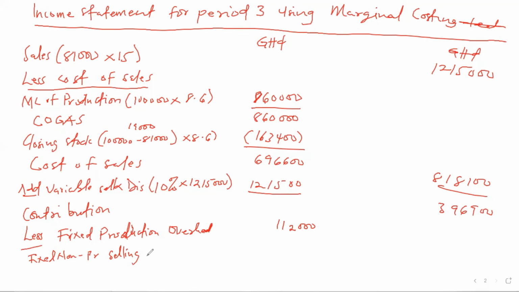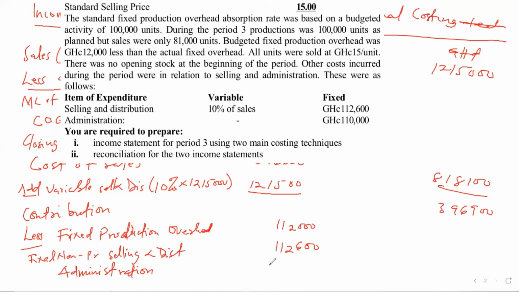Then we have fixed selling and distribution to be also 112,600. Then we have administrative, which is also fixed in the question, as 110,000.